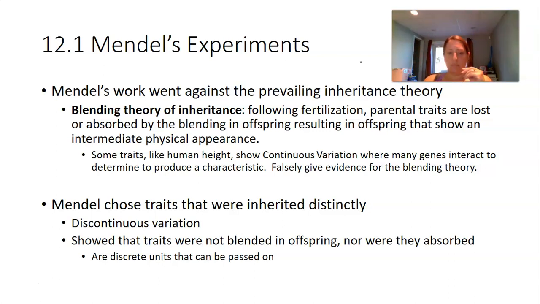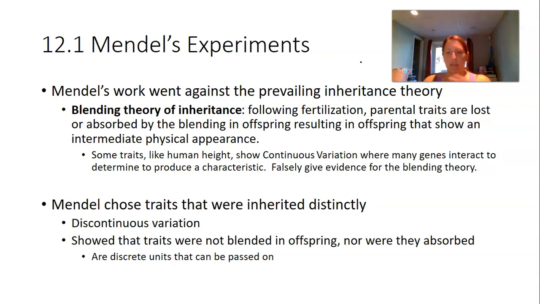So again, Mendel looking at the garden pea plant, let's use one example, flower color. If you had purple and white parents, you ended up with purple offspring. If you took those offspring and you mated them, you ended up with a very specific ratio. It's called the 3-to-1 ratio of purple to white flowers.